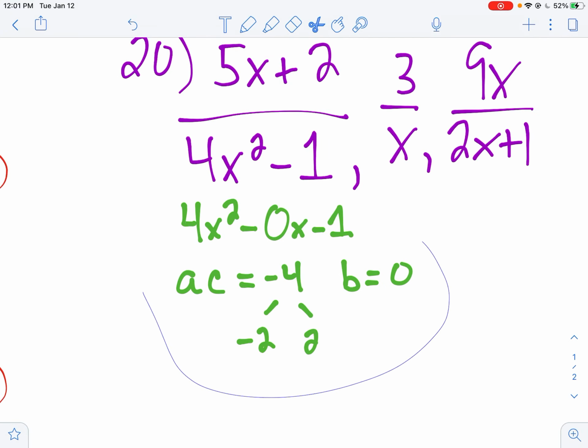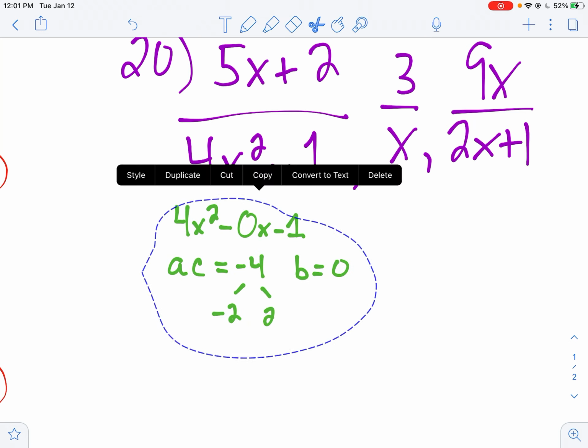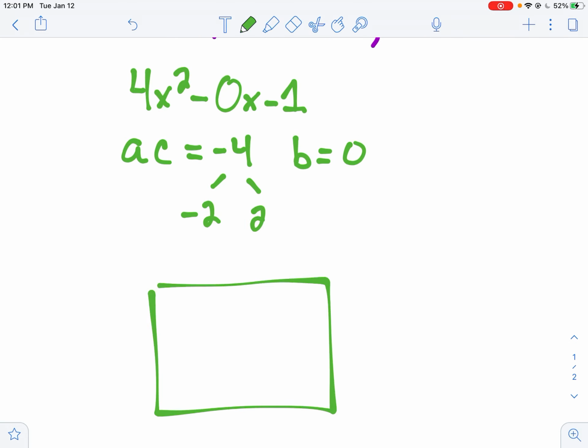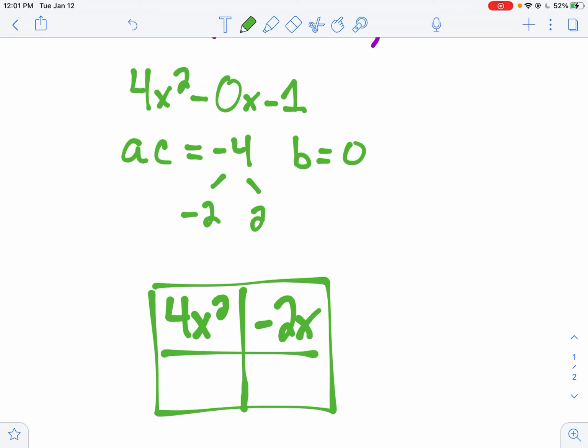A lot of people like the box method, so I'm going to rock it out. I break it up: 4x squared, negative 2x, positive 2x, and then negative 1. Then I factor going across, and I factor going down.